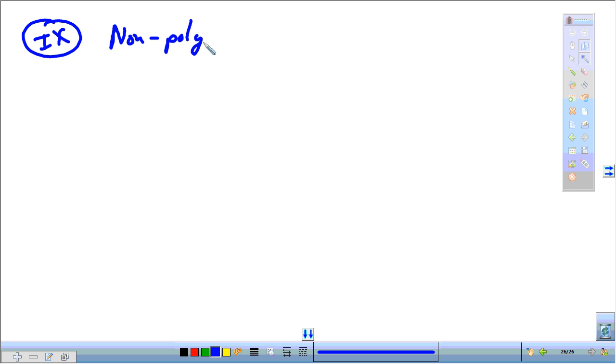Now, we were looking at polynomials, and a lot of factorization comes in the form: we have a polynomial, what are the factors? But what if we get some non-polynomial expressions?